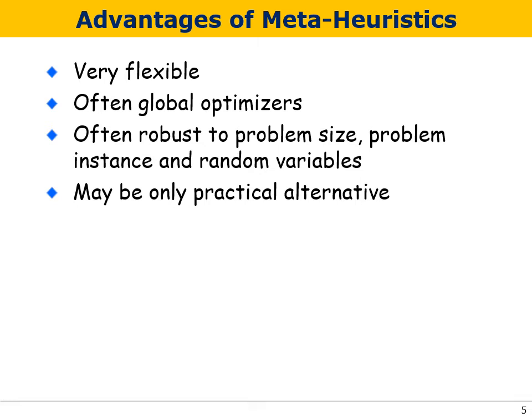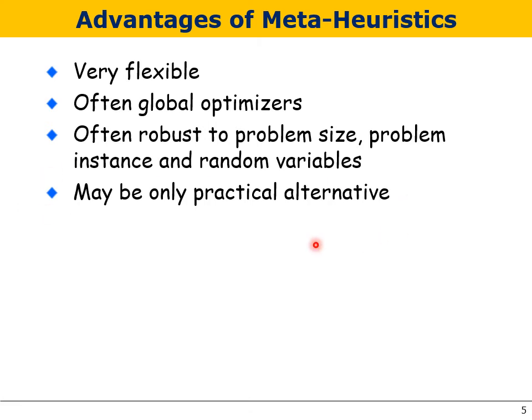Okay? And in some cases, there are no exact algorithms to solve the problem, and construction and improvement algorithms may fail to find good solutions. So metaheuristics can be the only alternative for you to find good solutions for these kinds of problems.